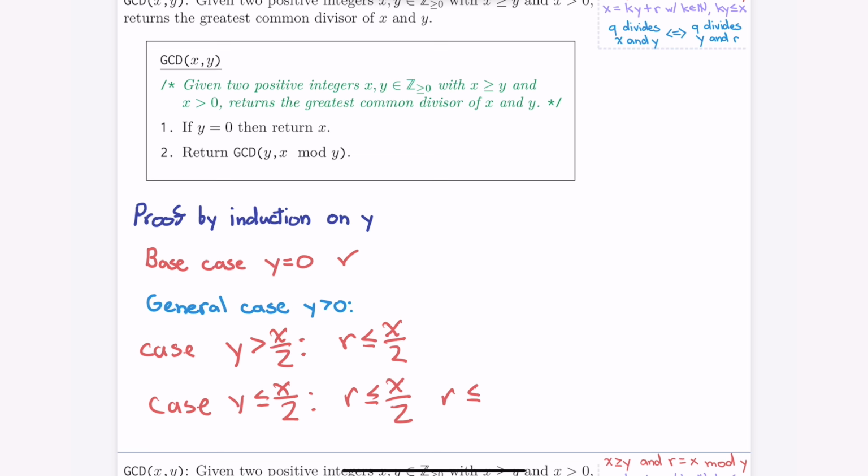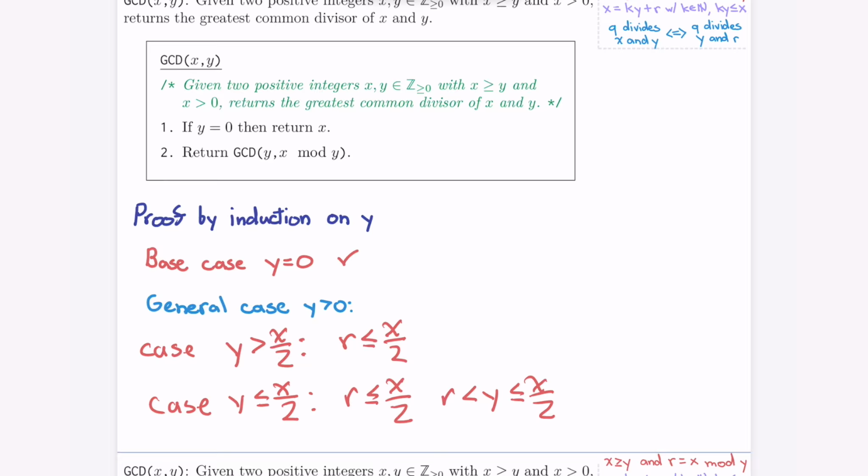Yeah, that's right. So r is less than y, which is less than or equal to x over 2. So intuitively, we're replacing x, out of our two numbers, with a number that's half the size.